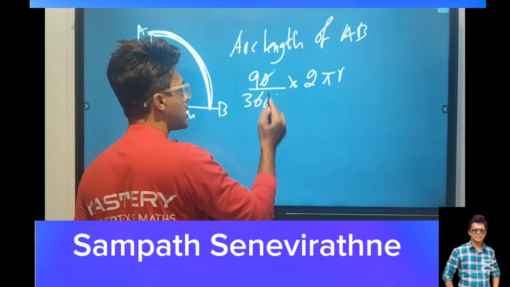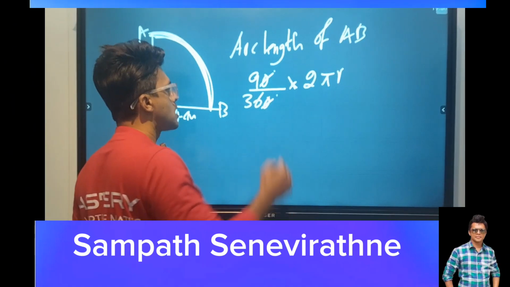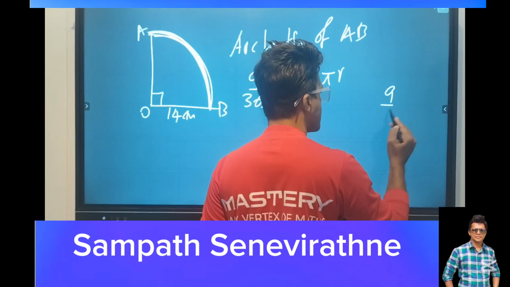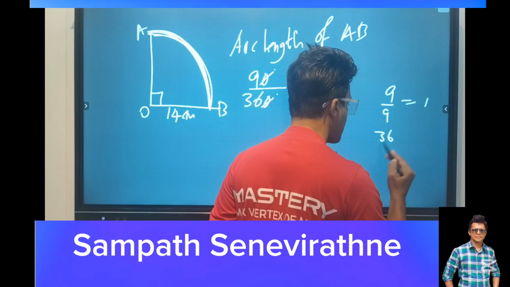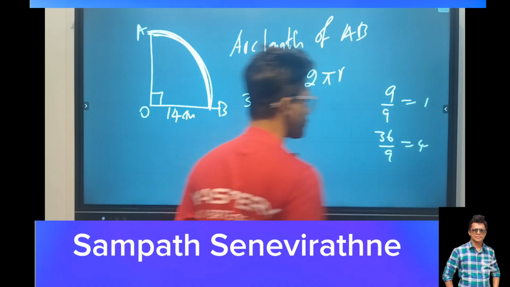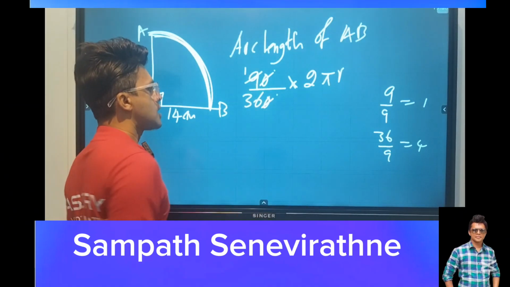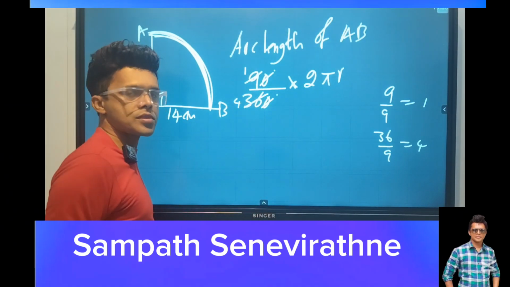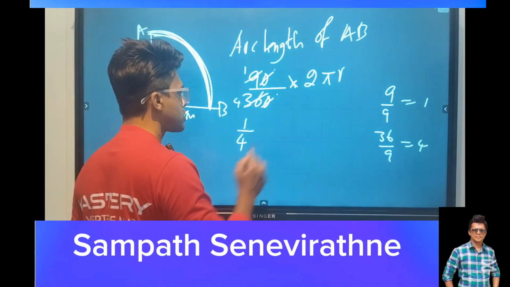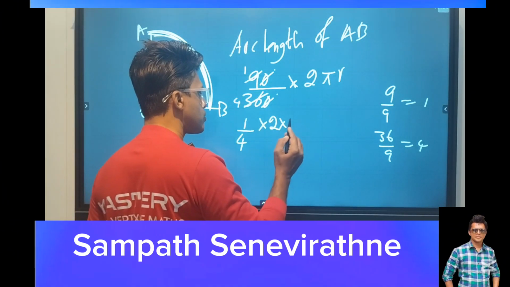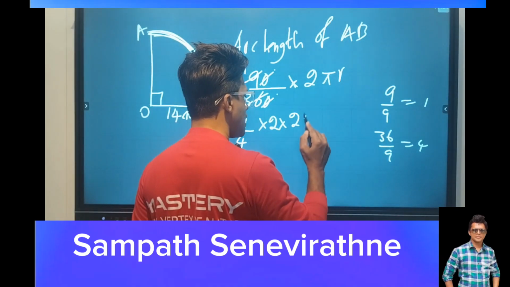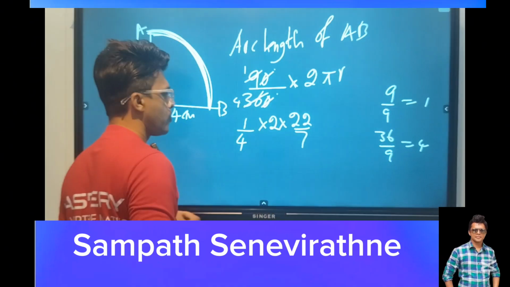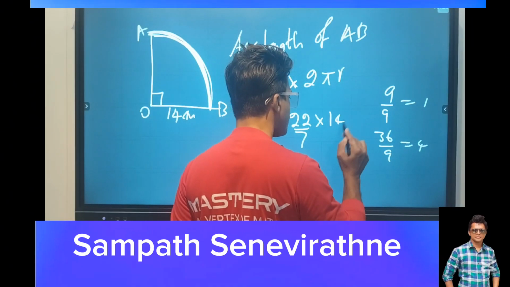So this 0 and 0 can be cancelled out. Then 9 upon 9 is 1 and 36 upon 9 is 4. So 1/4 times 2 into pi equals 22 over 7 and r equals 14 cm.